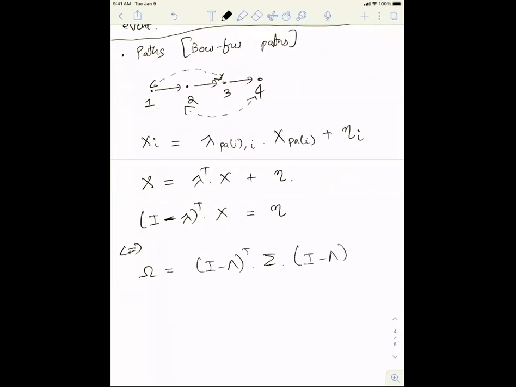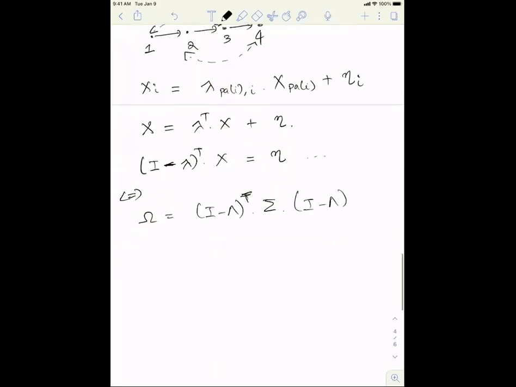You can just multiply this equation with x transpose and take expectation, and you get this. Then the graph determines the zero patterns in omega.